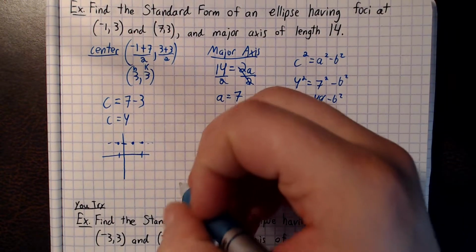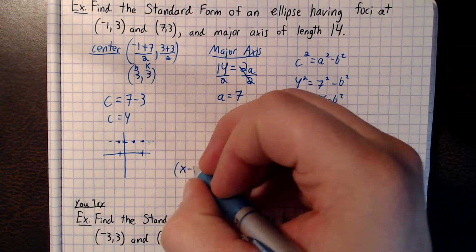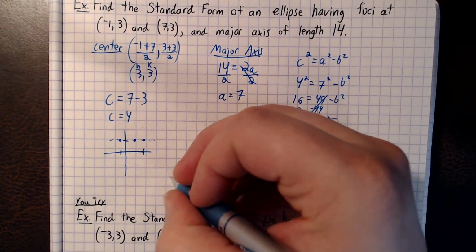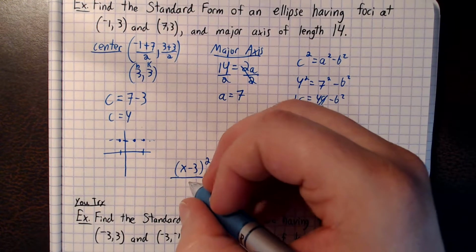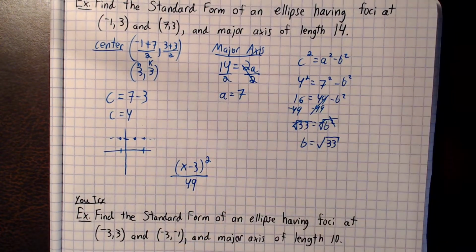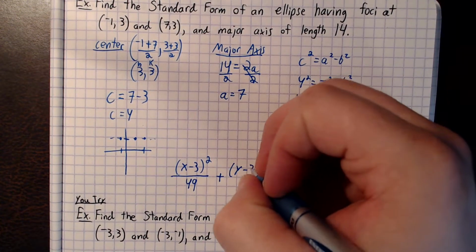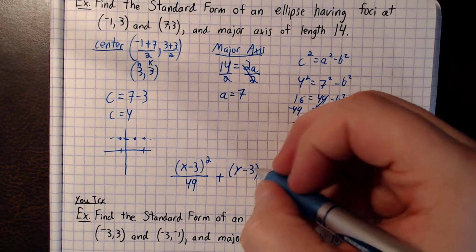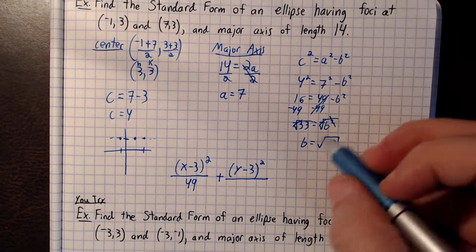So here it is, the moment of truth. (x minus h) squared divided by a squared has to come first because it's horizontal. So 7 squared would be 49, plus (y minus k), which is 3, squared, divided by b squared.